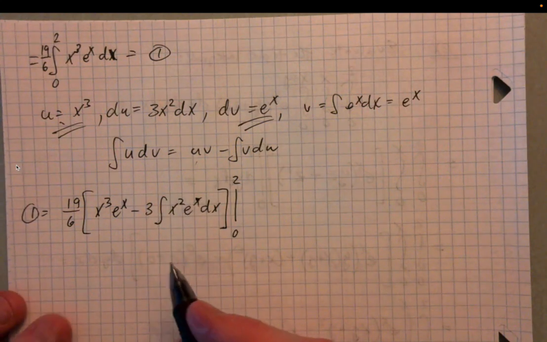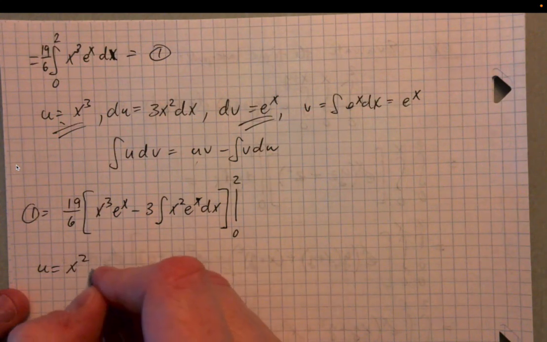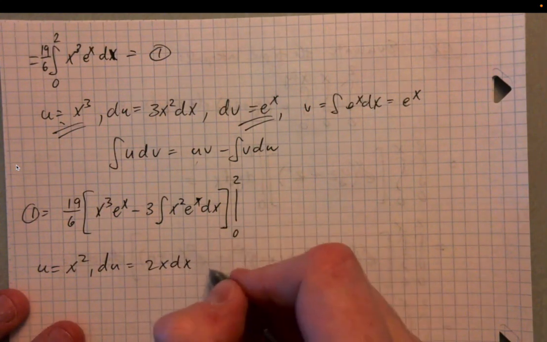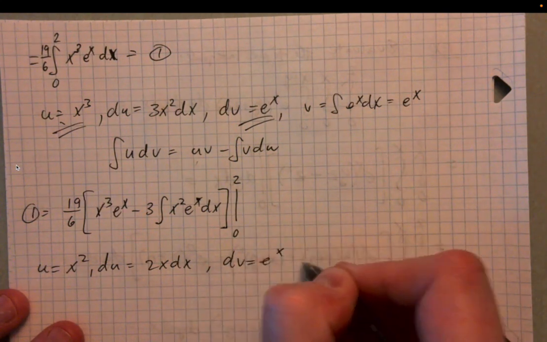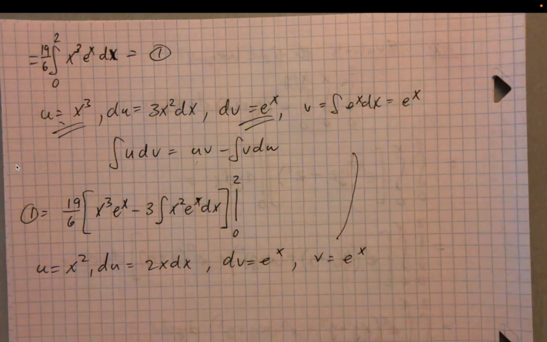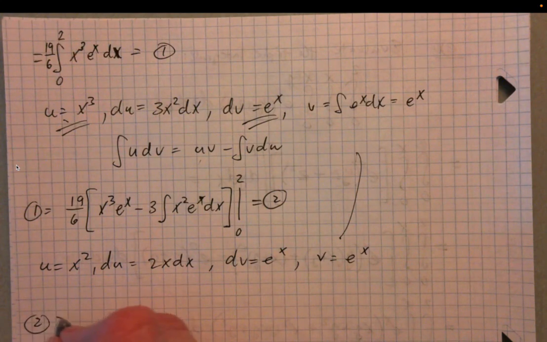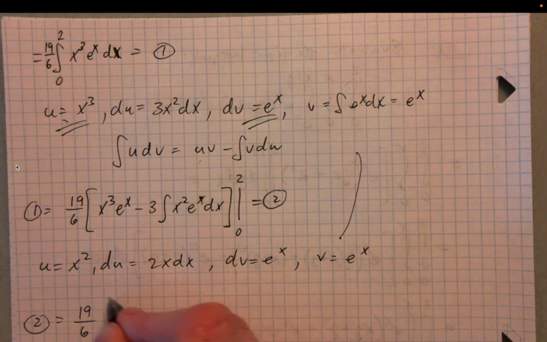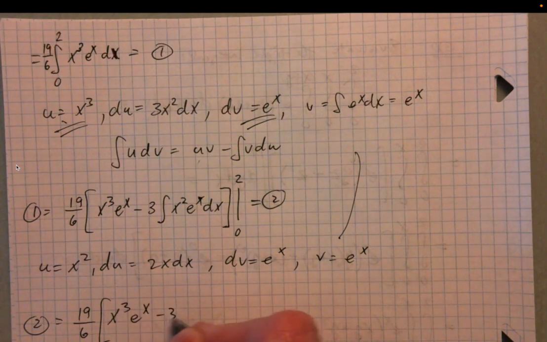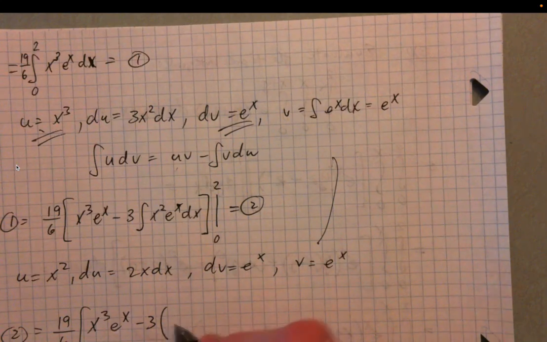Okay, so again, we'll say u is equal to x squared. That means du is 2x dx. And we'll set dv equal to e to the x. And similarly, that means v is equal to e to the x, just like above here. And so we would have 19 over 6, and then it's x cubed e to the x minus 3 times, right? Now what happens here? Well, same story.